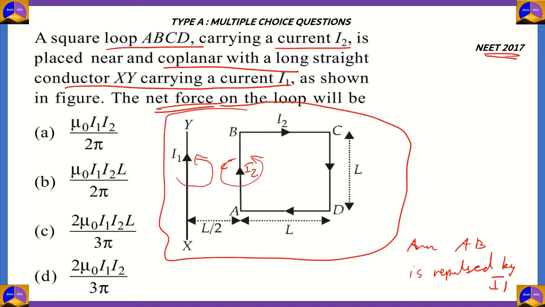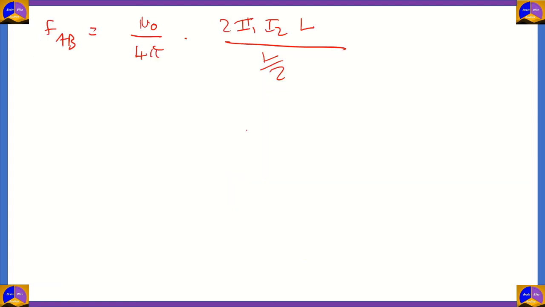So therefore the force acting on the arm AB can be written down as mu naught by 4 pi times 2 I1 I2 L, which here is the length of the second conductor, divided by L by 2, where L by 2 here is the distance between the conductor and the arm of the loop.